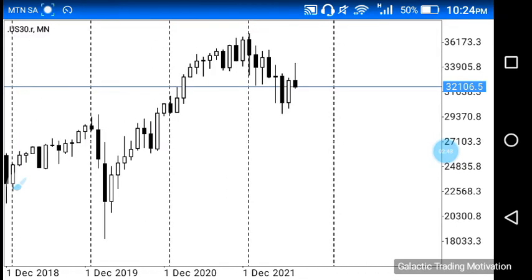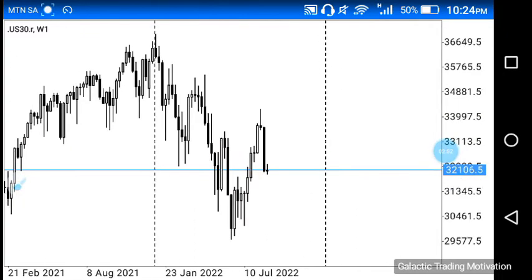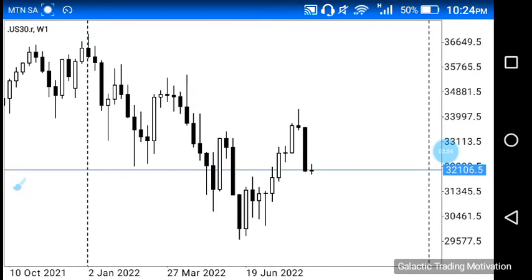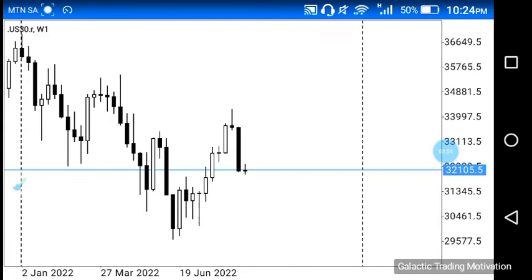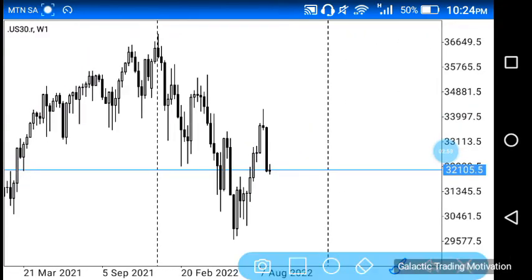What I'm going to do now is head down to the weekly chart. So here we are on the weekly chart. This chart is very much similar to the Nasdaq chart, right? Because on the Nasdaq chart, we also spoke about the fact that we have this W structure over here with a neckline over there.